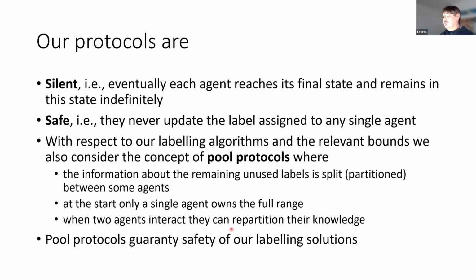In this way, at any time, the agents that are still able to label possess some number of labels, and these labels are separate for every agent that can still label other agents. The content of whom you can label may change in time, but is always partitioned between those that have labels to be used later.